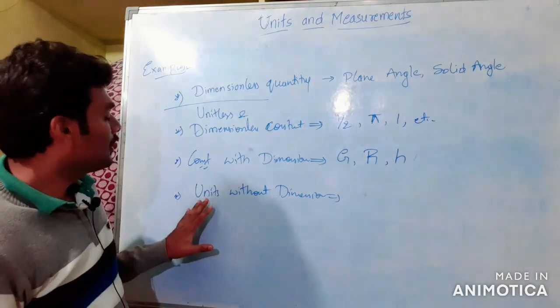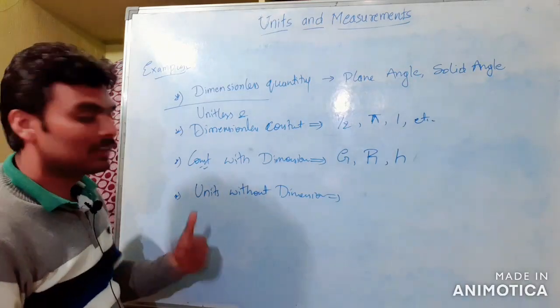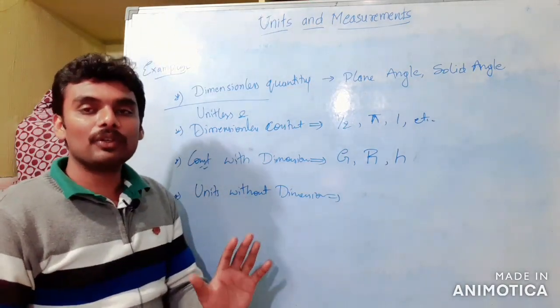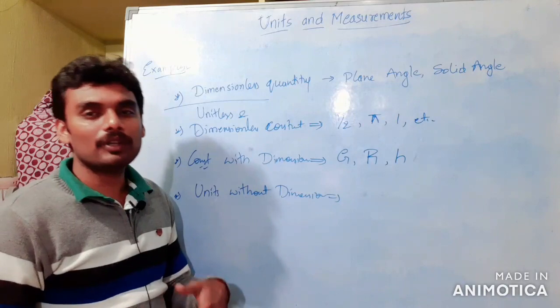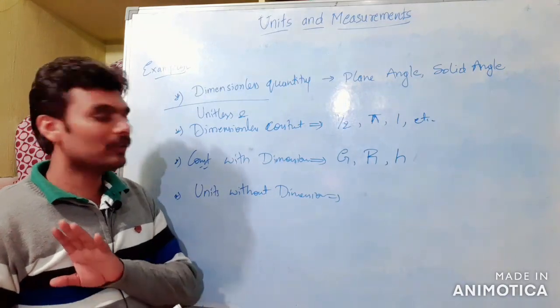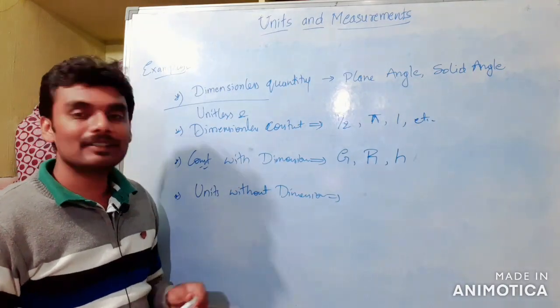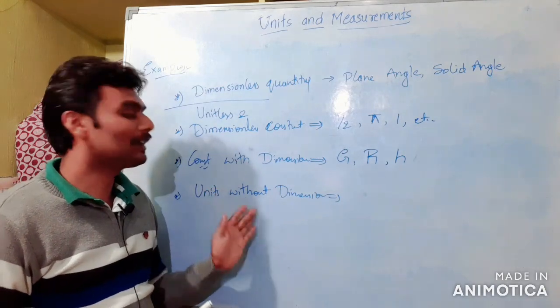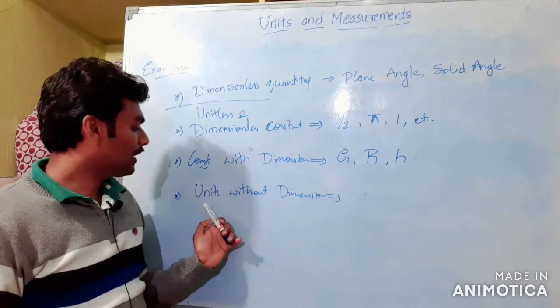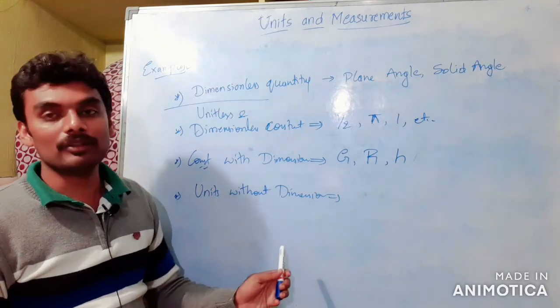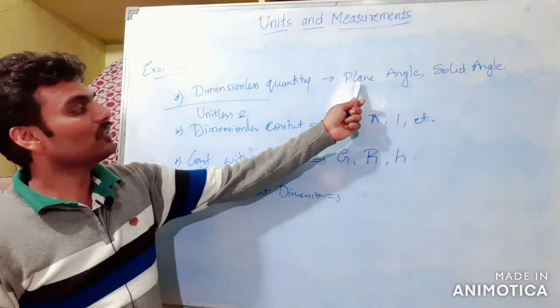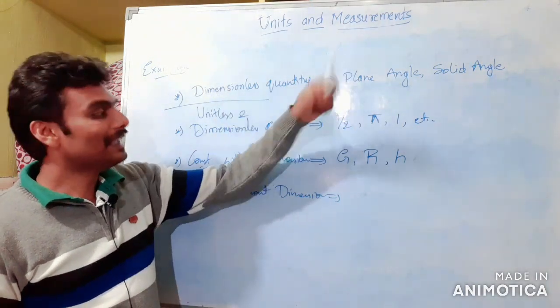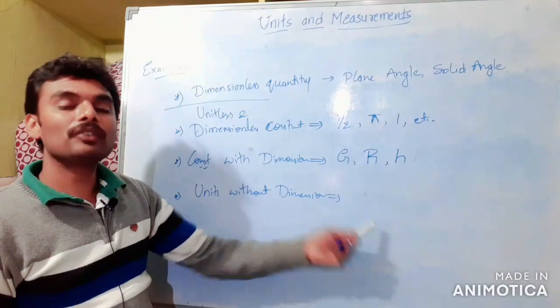When I say units with dimension, all the units that we know, meter per second, Newton, joule, and all of them are valid, and we can write that all those units have dimensions. But if you are asked to write the units without dimension, these are the quantities without dimension, and their units are the units without dimension.